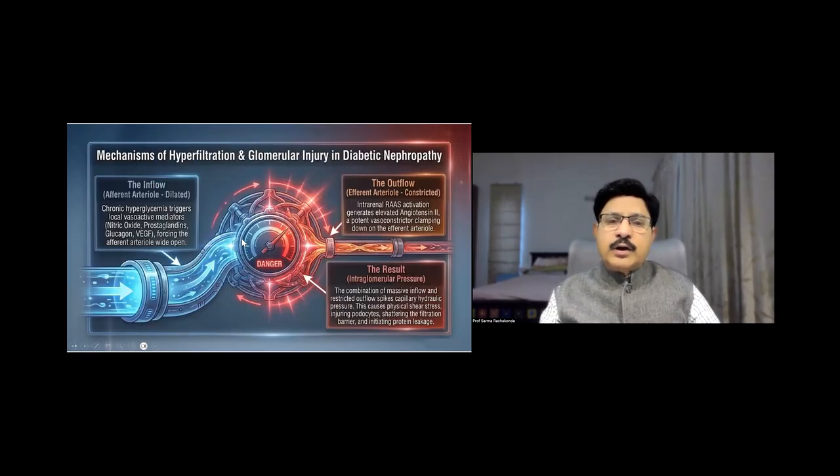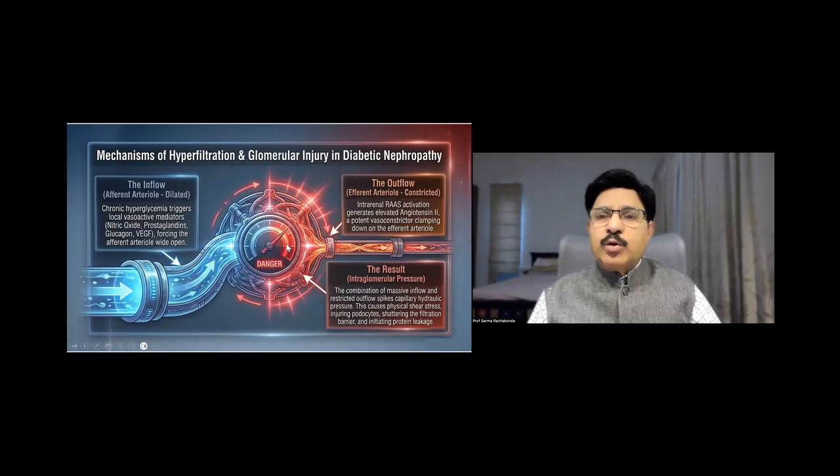So the afferent arteriole is widened or dilated, the efferent arteriole is constricted because of the RAAS, intraglomerular pressure increases, more filtration, basement membrane damage, and effacement of the podocytes.